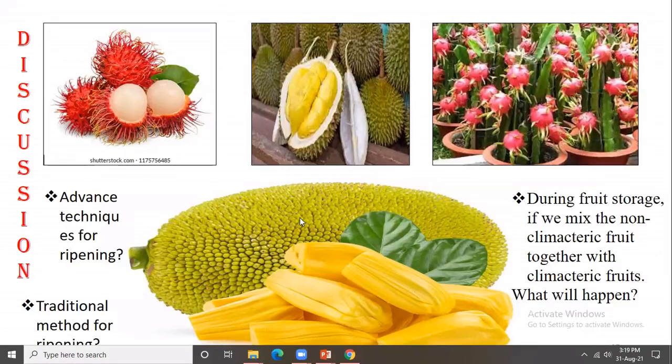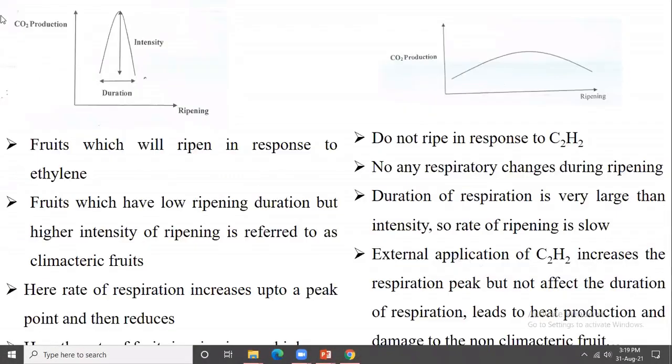Understood or not? Can you explain it again? Okay, during the ripening period of climatic fruits, you have the climatic fruit curve, with high intensity and low duration. Here, one high ethylene is produced.